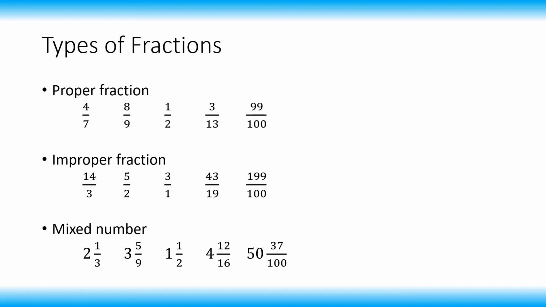So there are 3 different types of fractions. The first type is a proper fraction. That's this one up here. And what that means is that the numerator, the top number, so let me write these words out once. We've got the numerator, that's the number on the top. And for a proper fraction, the numerator is smaller than the number on the bottom, which is the denominator.